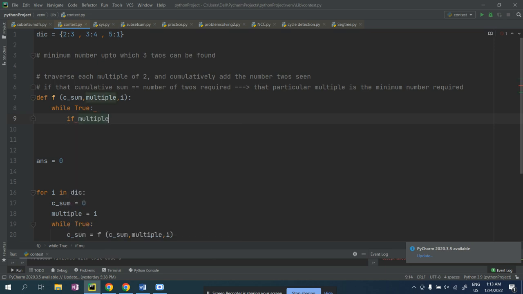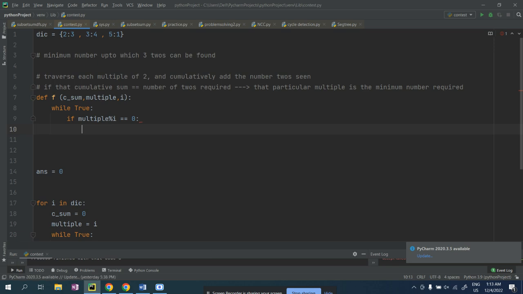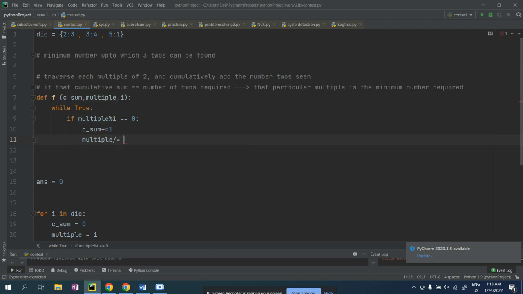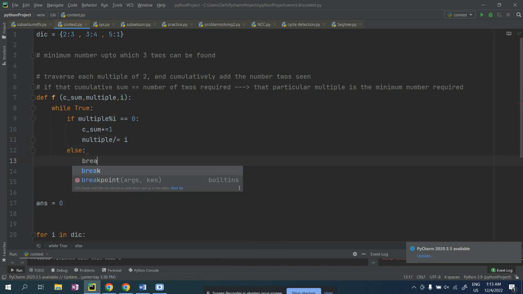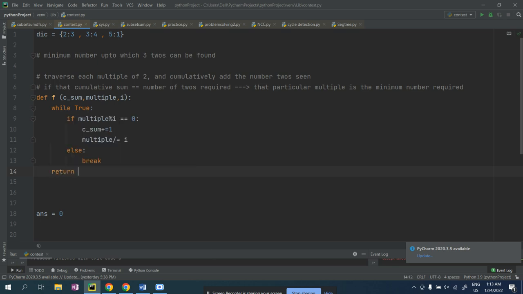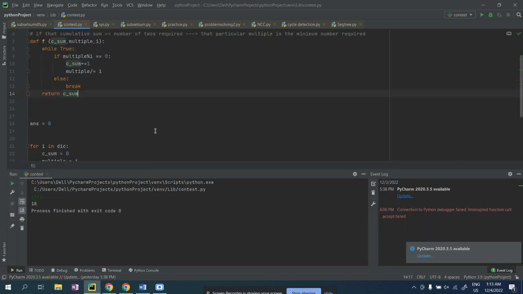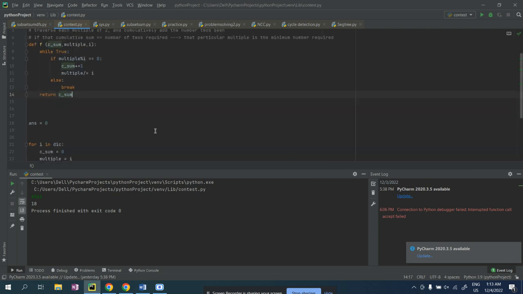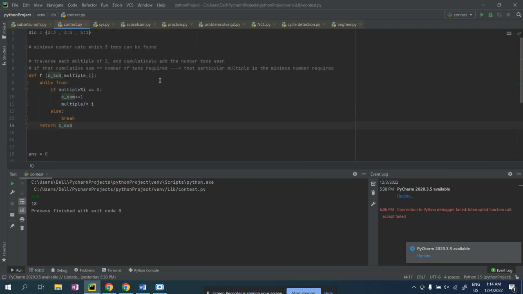So if multiple mod i is equal to 0, our C sum will get increased, and our multiple will be multiple divided by i, else it will break, and it will return the C sum value. So that is the code, how you can find out the minimum number such that alpha number of p can be found.